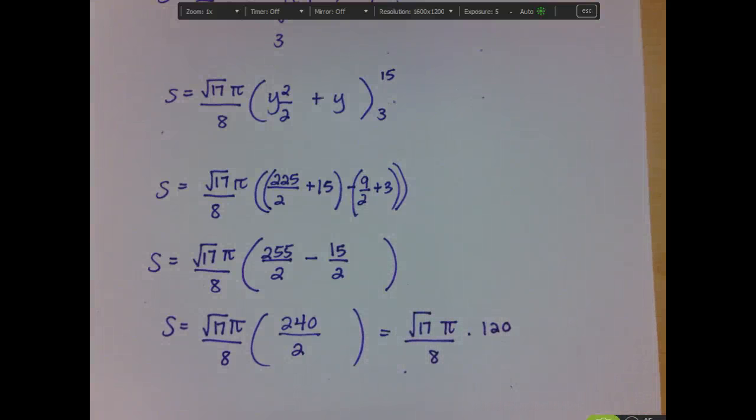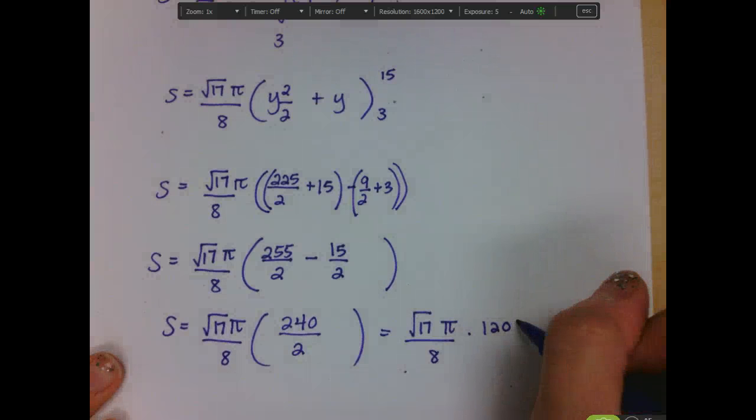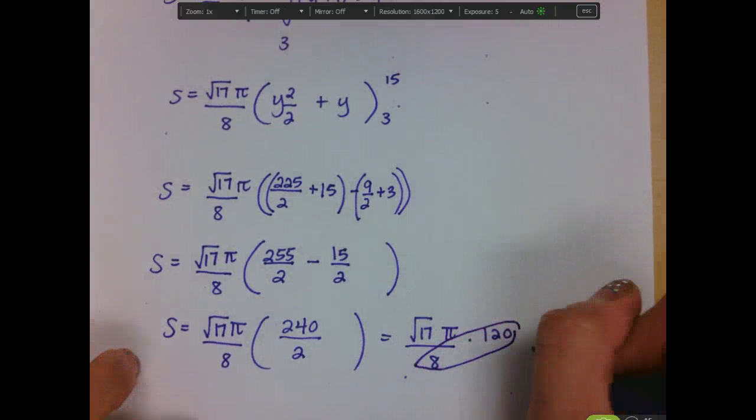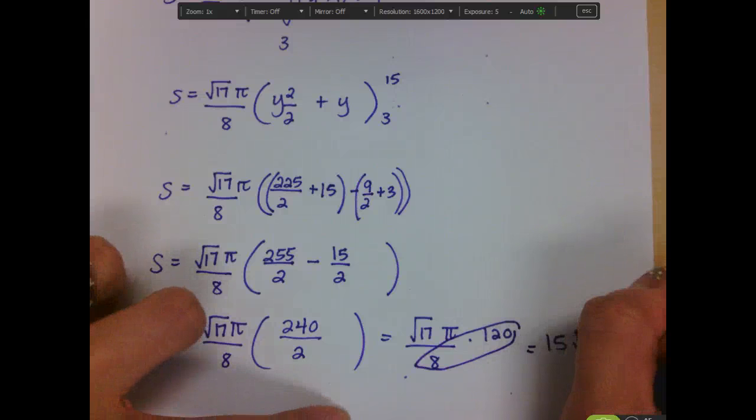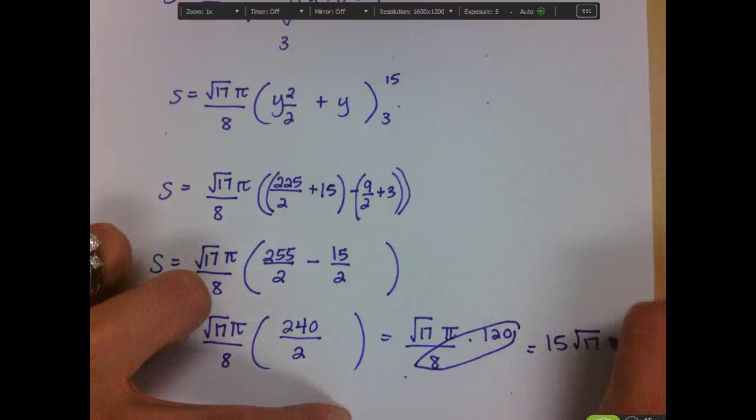And the 120 and the 8 can be simplified to 15. So 120 over 8 is 15. So we get 15 square root of 17 pi.